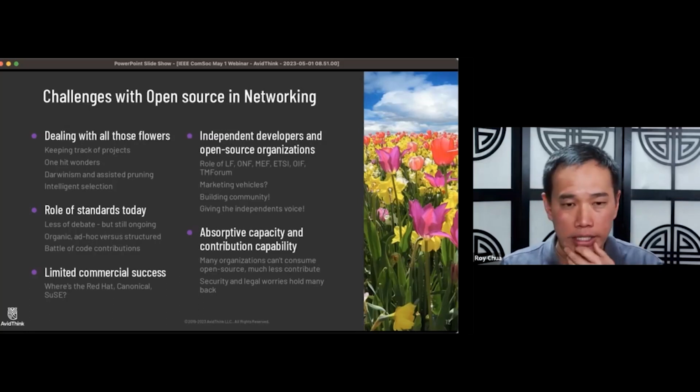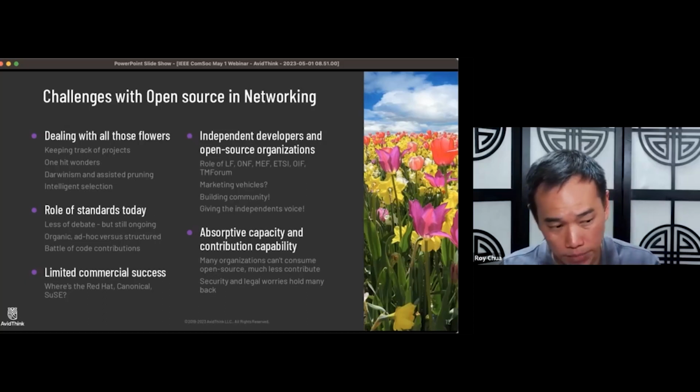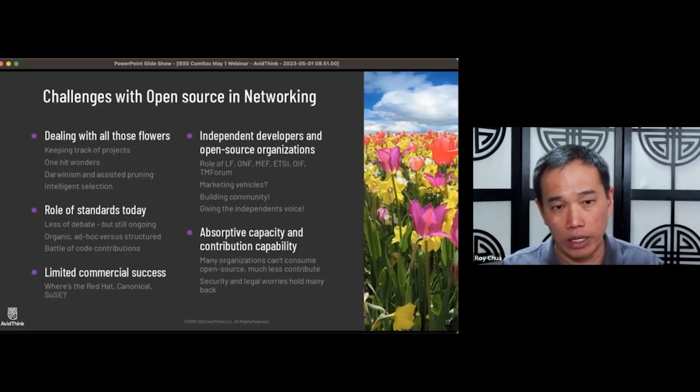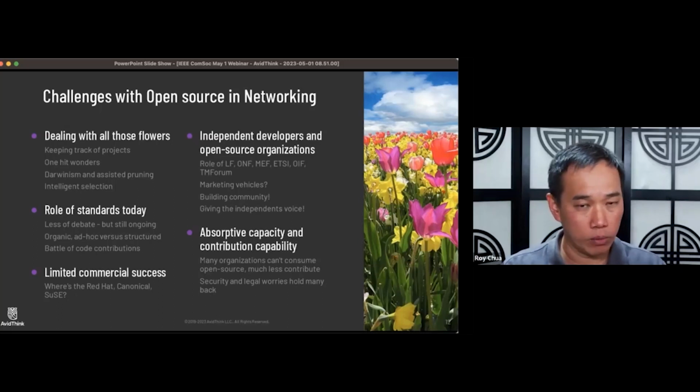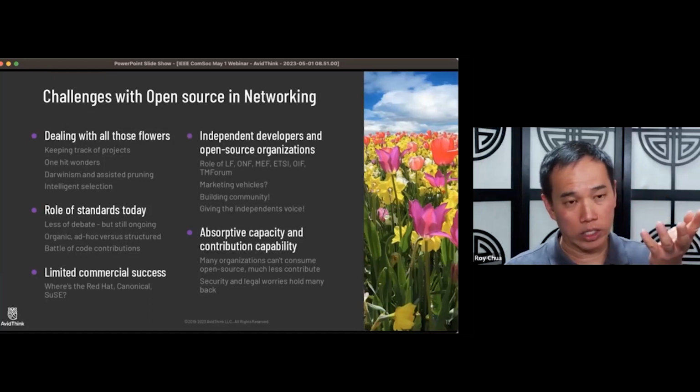There's still limited commercial success. We don't have the Red Hat Canonicals, who also happen to sometimes contribute to open source networking, but have been more successful with operating systems and applications and middleware with open source than we all have with networking. Part of it is, I think, networking is a hard problem. It's a specialized problem. If you look at a rack today, you have maybe one switch with 48 ports, and then you have 48 servers behind that.